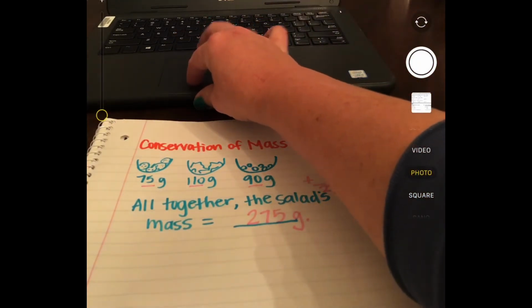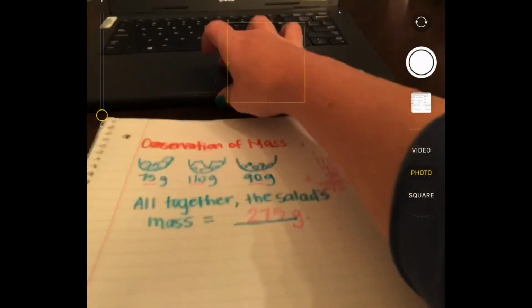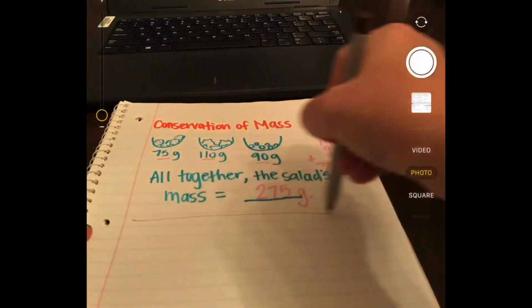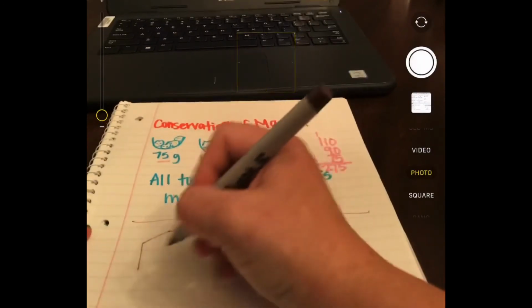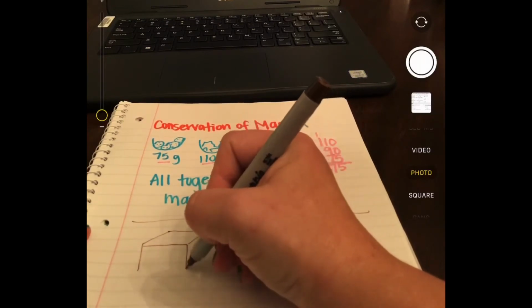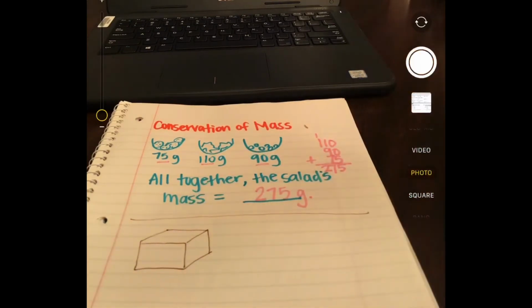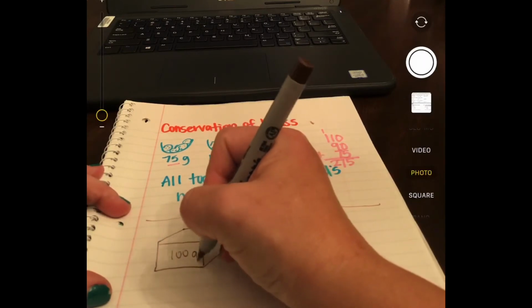All right, now let's take a look. I definitely want you to draw the other example that we talked about, okay? Because drawing helps us remember things. So let's go ahead and draw a picture of a cardboard box. We're gonna do another example here. It is okay if your cardboard box isn't as awesome 3D as mine. There we go. We have a cardboard box, and let's say it was 100 grams.